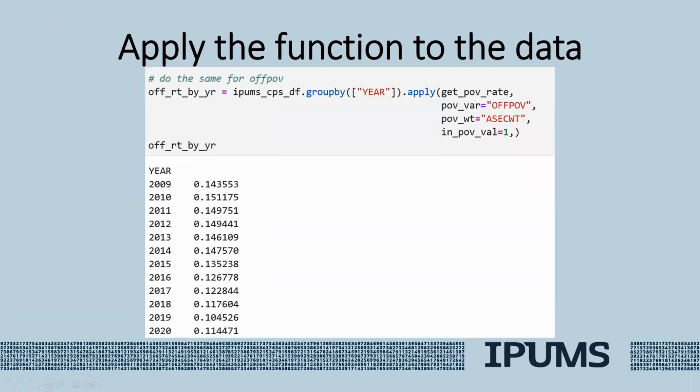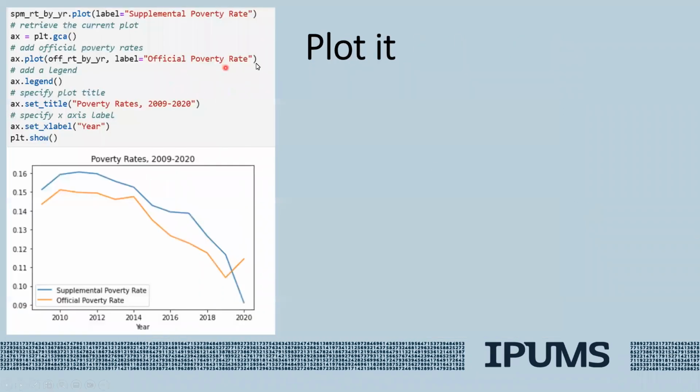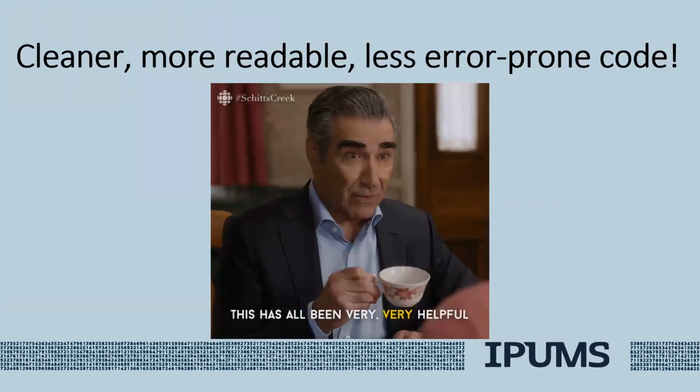All that you need to do is apply this getPovRate function for the new variable and the weight, and then add 1 line of code here to add it to your plot, and you're done. Right? So if that happens 2 years from now, we could come back to this code and know exactly what we were doing and know exactly how we would want to modify it to extend our analysis in that way. So that is really flexible and really nice for us.